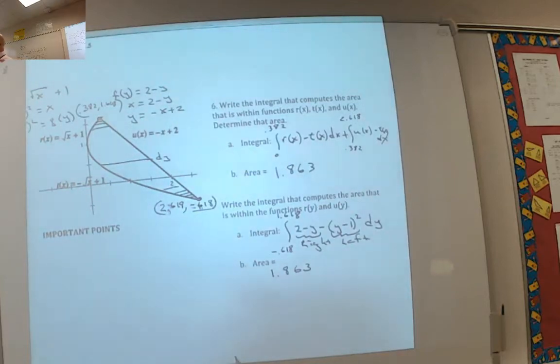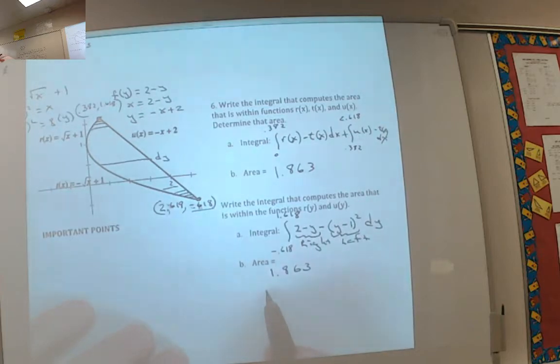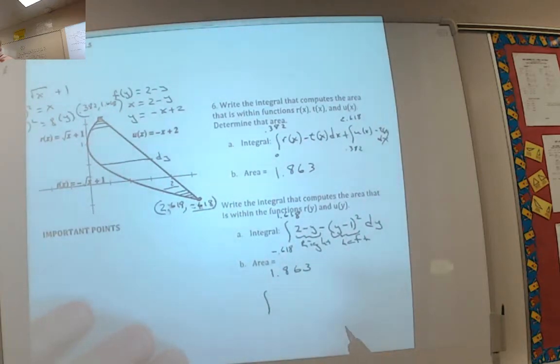Now the question is how you do that in your calculator. Logan, your calculator does not know the difference between x and y. So to do this on your calculator, it's going to look like this. It's just a variable. It's just a location. Instead of y, you're going to write x.